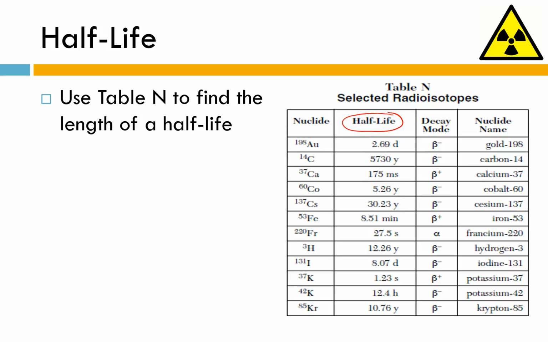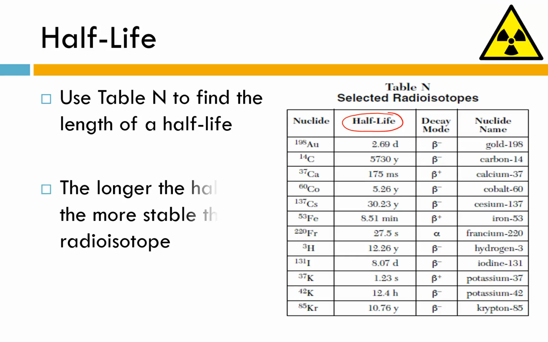You'll see that not all radioisotopes have the same half-life. They all have different half-lives. Something like gold-198, yes, there is a radioactive form of gold, decays with a half-life of 2.69 days. Something like carbon-14 has a half-life of 5,730 years. Based on the time of half-life, you can make some conclusions about the stability of that radioisotope.